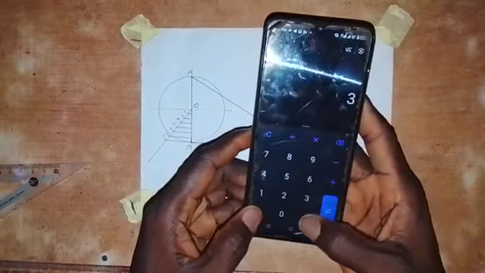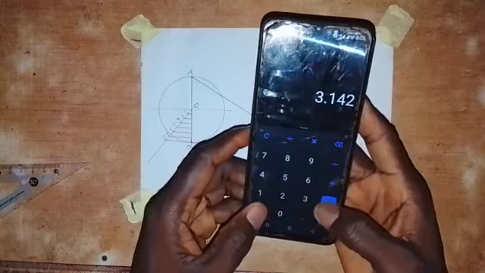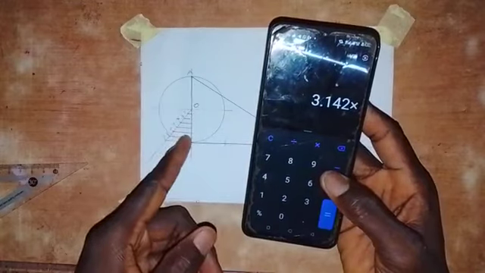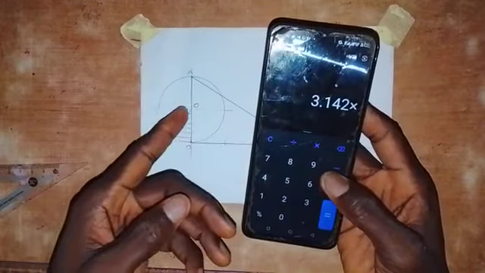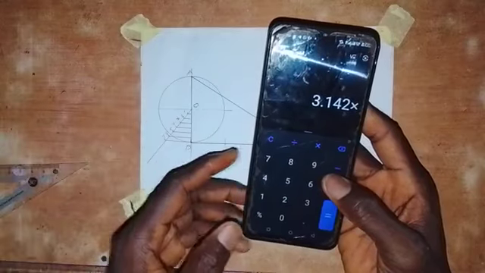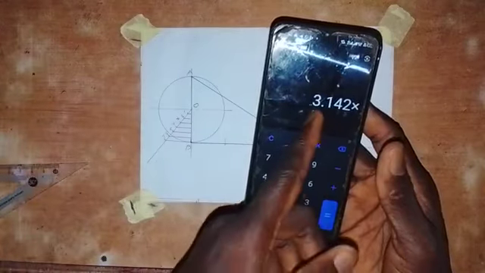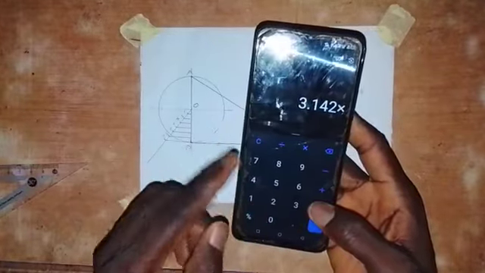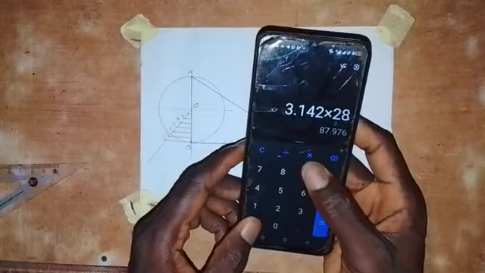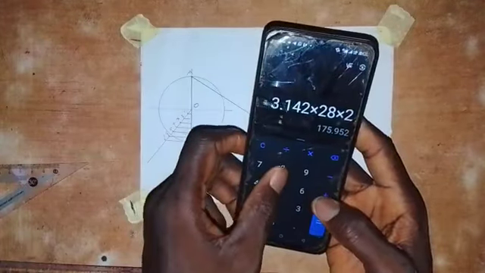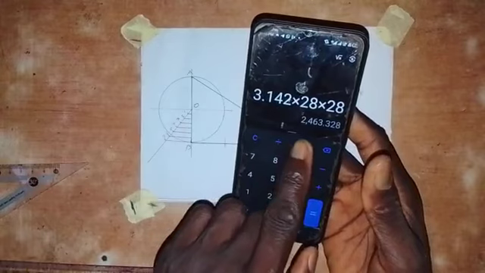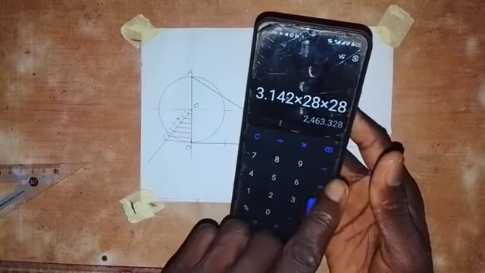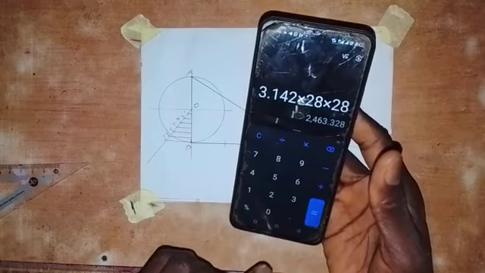Pi is 3.142, times the radius of the circle, which is 28. That means we have 28 squared. So 3.142 times 28 and then times 28 again. That gives us 2,463.3. Let's take note of that.